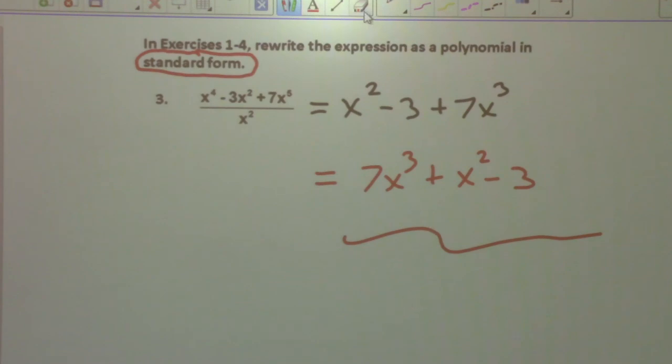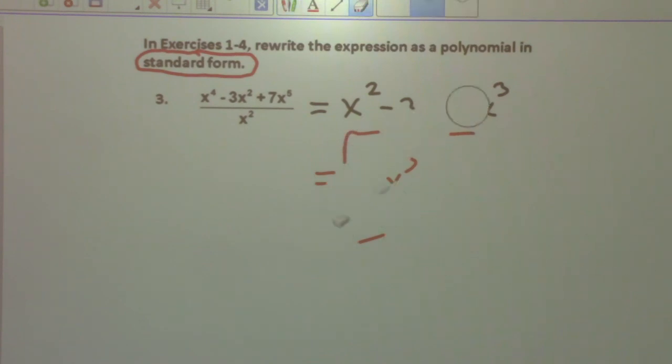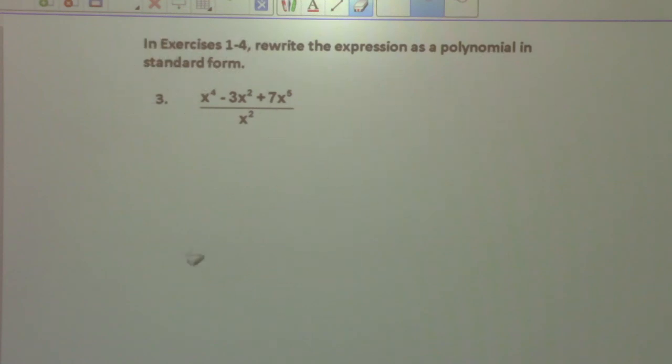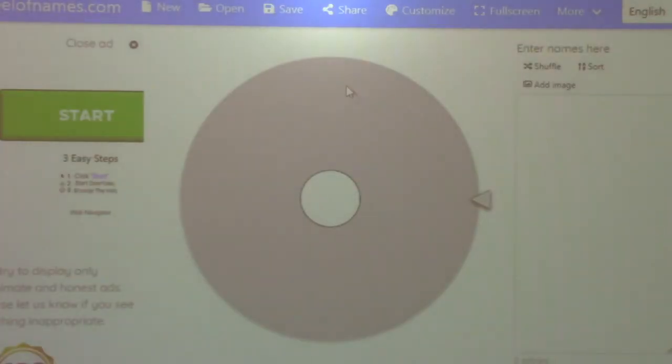Thank you, Elizabeth. And then just to finish off this section, let's do this one here. Should we do another random name on this one? Yeah, let's do a random name. We'll have to get a new wheel on this one.